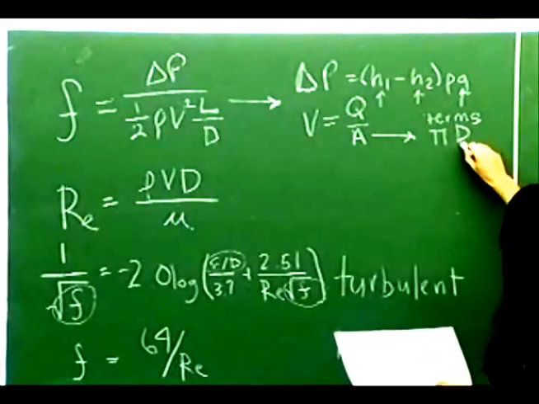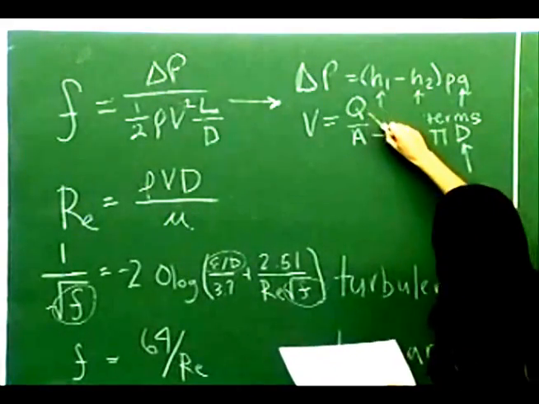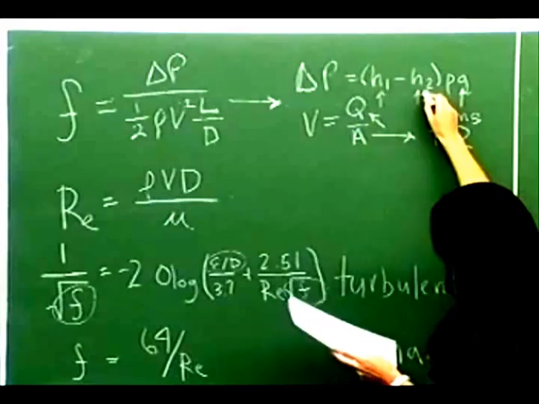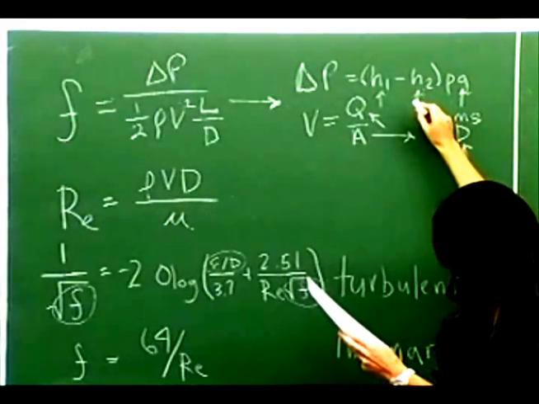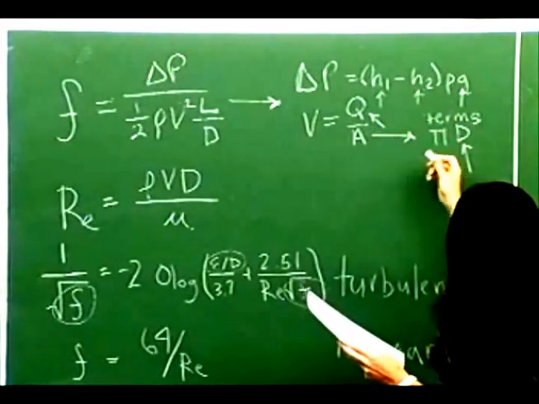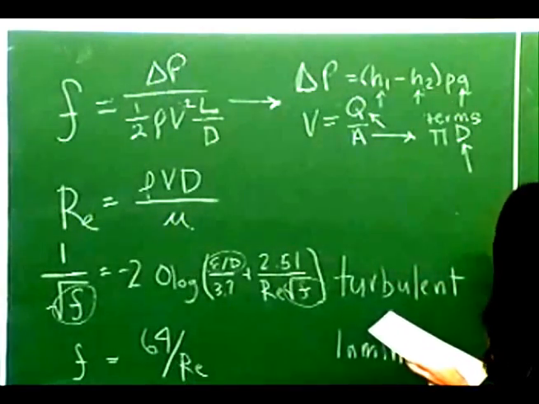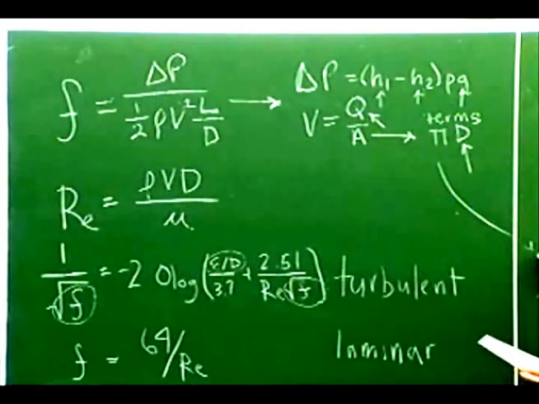And we measured directly the diameter, we measured directly the flow rate, measured the two heights, and then what happens with this equation is the whole equation, which I will write over here.